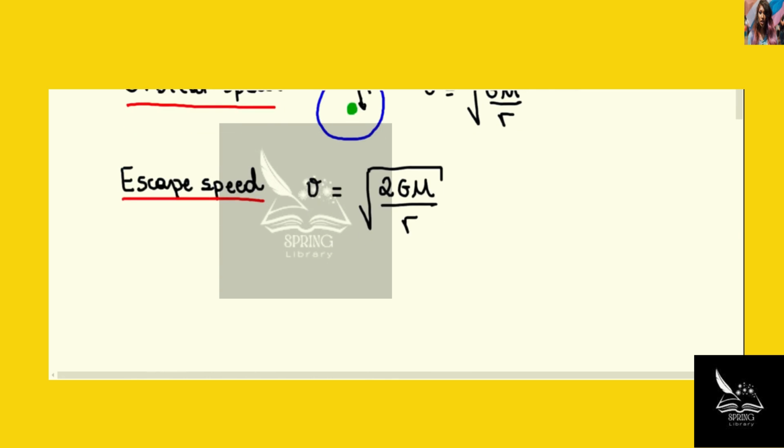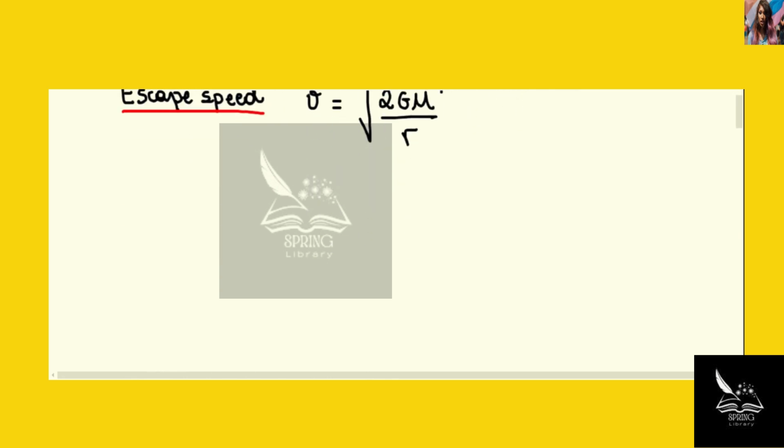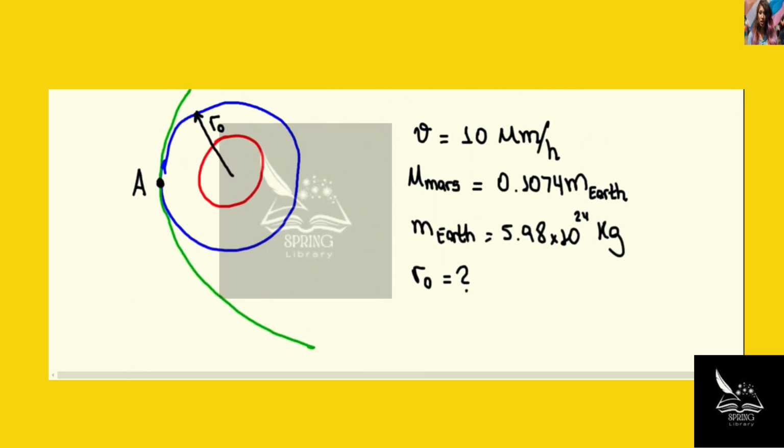So basically what we need is to realize that, at the point shown here in the figure, the green trajectory is the trajectory of the explorer, and at point A, the explorer reaches its closest point to Mars.